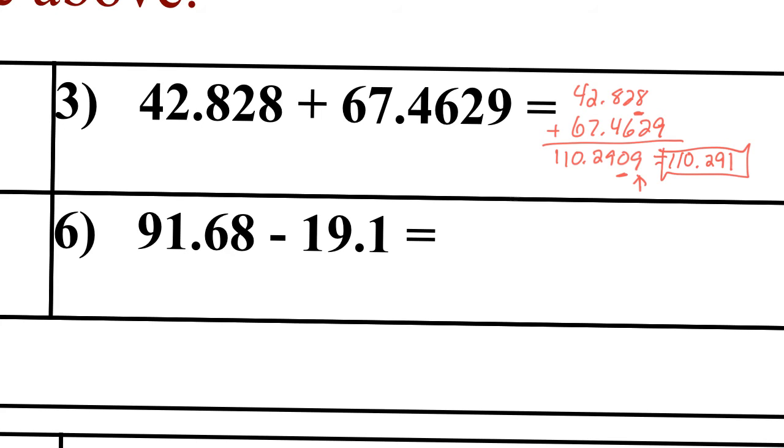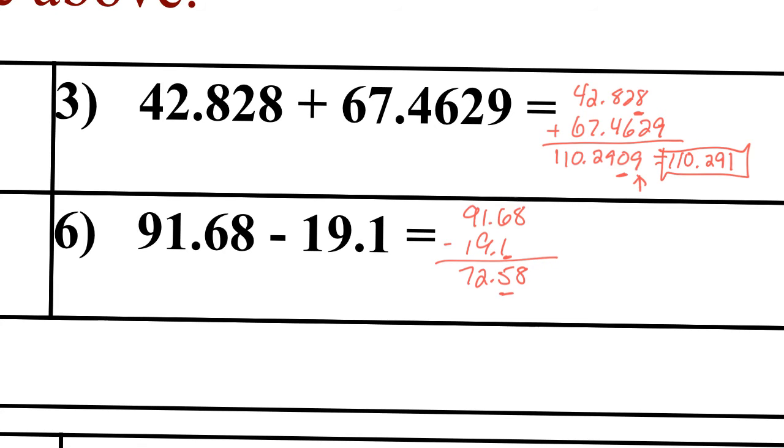Last one of these, we've got 91.68 minus 19.1. Of course, my answer is going to be in the tenths place. Let me put it in the calculator. 91.86 minus 19.1 equals, so my calculator answer is 72.58.